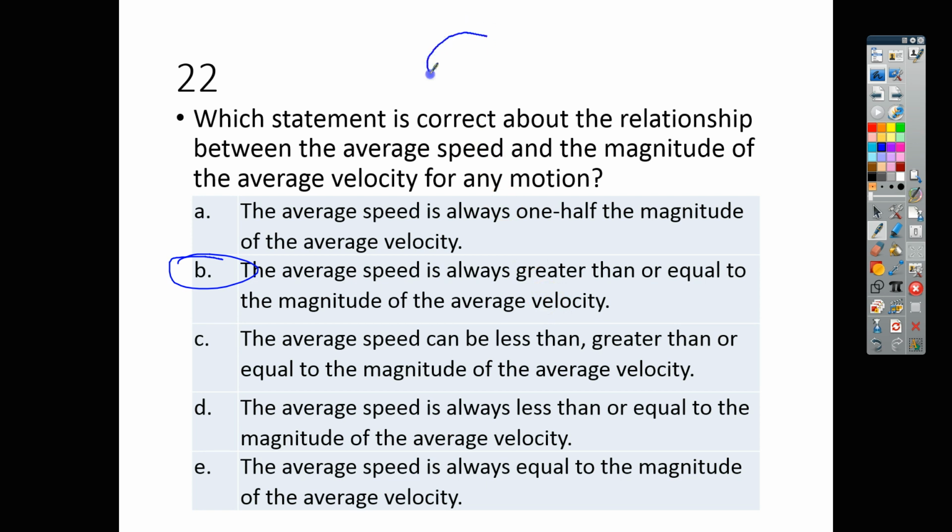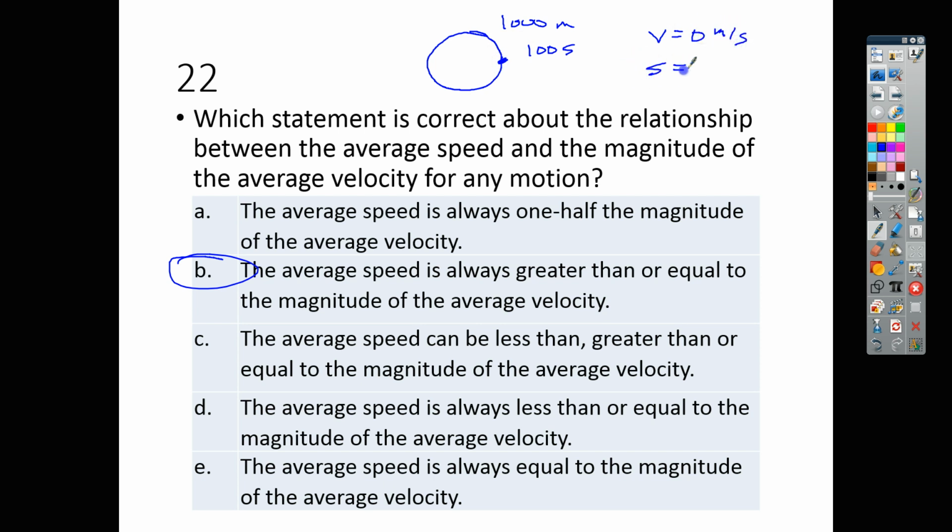If you remember, we had a circle and we said that if this is 1,000 meters, and we had a time of 100 seconds to go around that circle, then the average velocity, let's do that first, is equal to 0 because you start and end at the same spot.